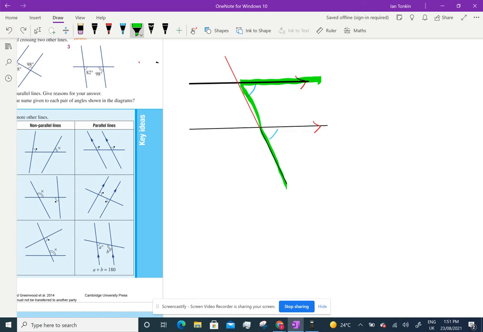So they're corresponding. This angle and this angle are equal because they're corresponding. And again, look for the F. I know it's a backward F, but you can see it there.